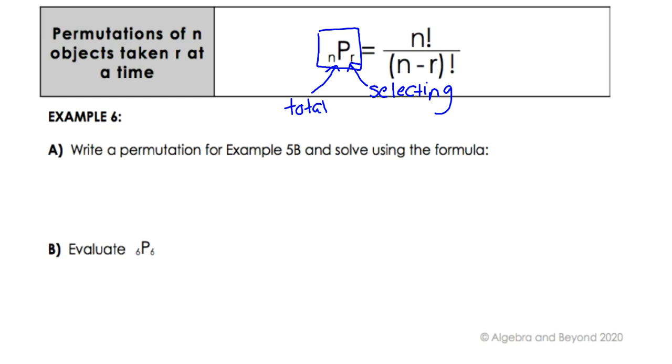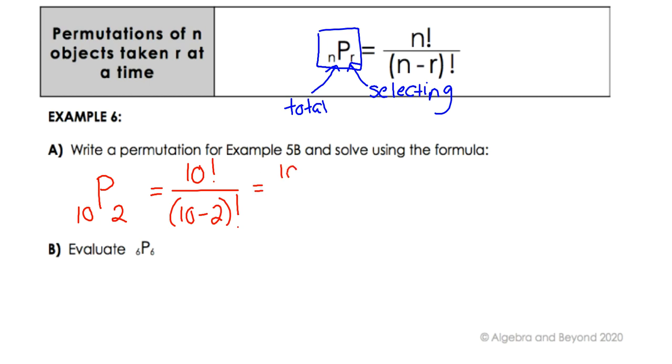So in that case, we have a permutation where we had 10 teams and we were selecting 2 total. First place gets a trophy, second place gets a medal. That's all we care about. Everybody else didn't get anything. So if we use the formula for that, the total is 10. So we do 10 factorial over 10 minus 2 factorial.